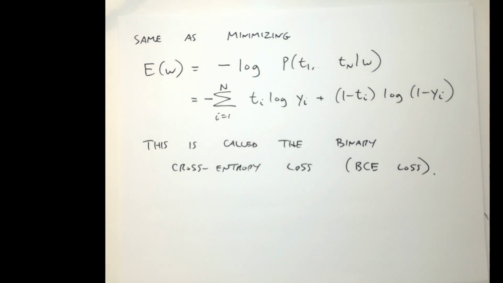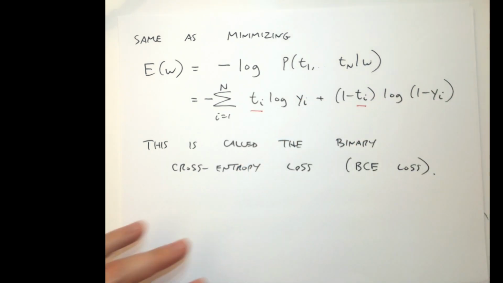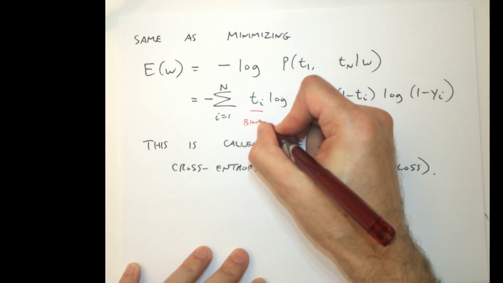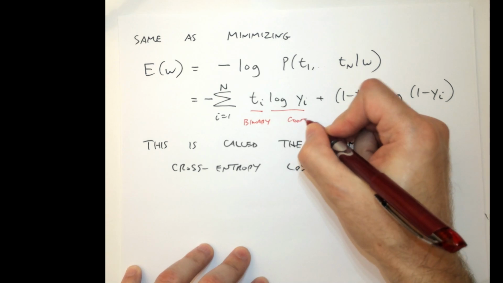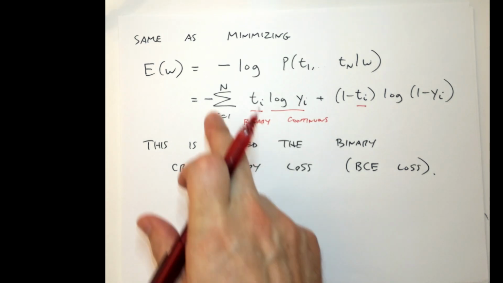I think it's good to try to develop some intuition for what's going on here, right? These ti, which are the observed class labels, are binary. This thing is binary, this thing is not binary, this is continuous. But what I want to do is make this as small as possible.